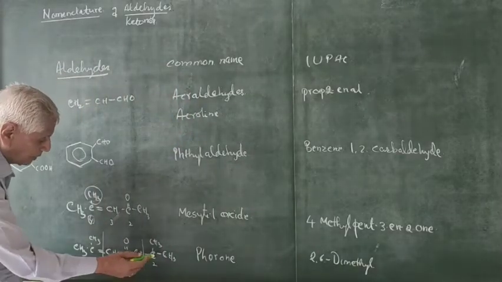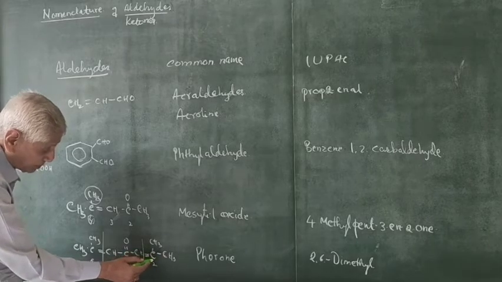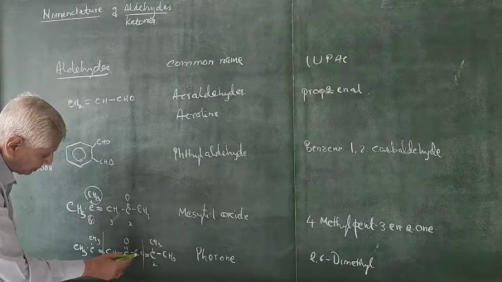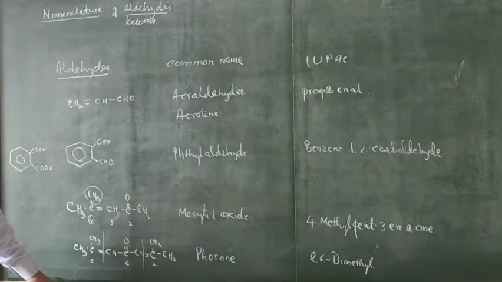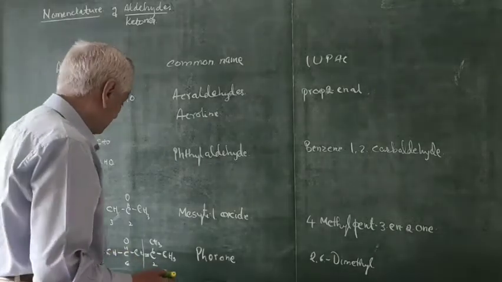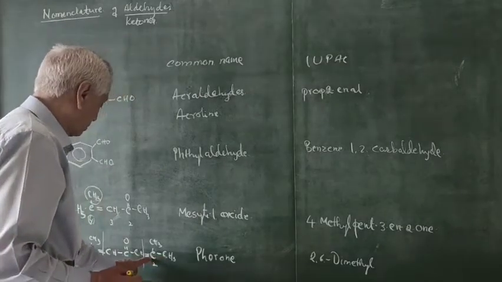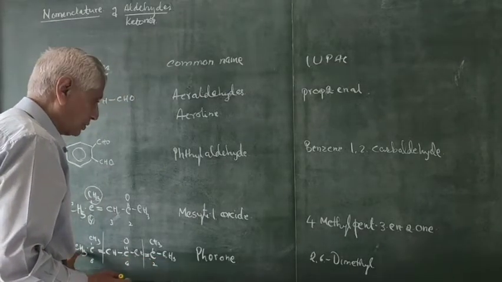Then you have to name: 1, 2. The second carbon is containing a double bond, and 5 is containing a double bond. Therefore, you are getting 2,5 hepta-diene, 1, 2, 3, 4, 5, 6, 7.